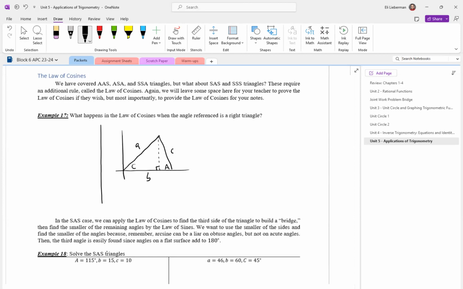Since I put it on a coordinate plane, I am going to make some coordinates, like the coordinates at that point up there.